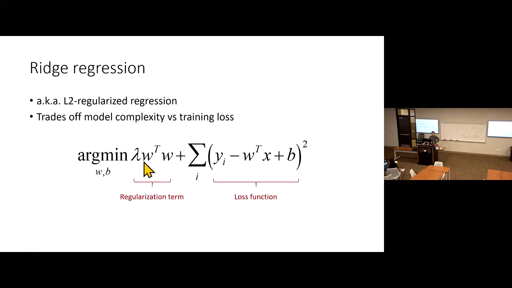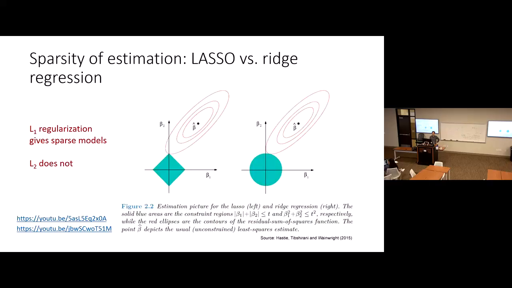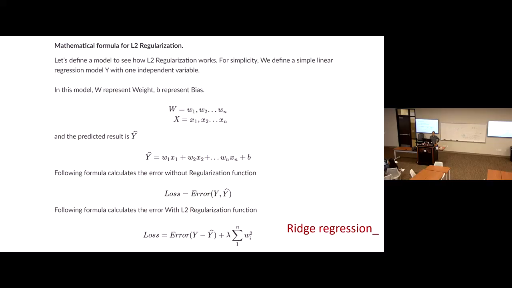So this is so-called ridge regression, another way to do this regularization. If I write it in the same way as the lasso expression, it was the L1 norm, but now it's the L2 norm with ridge regression, like this.